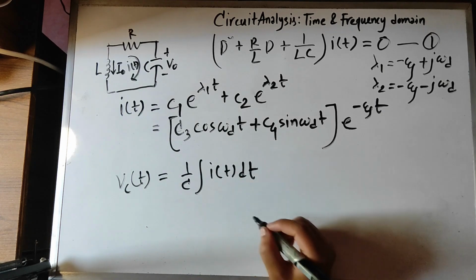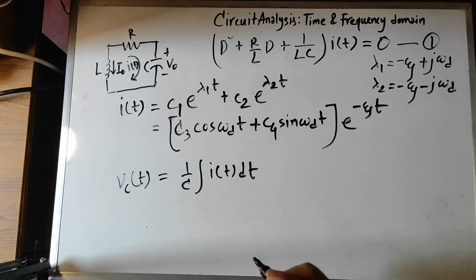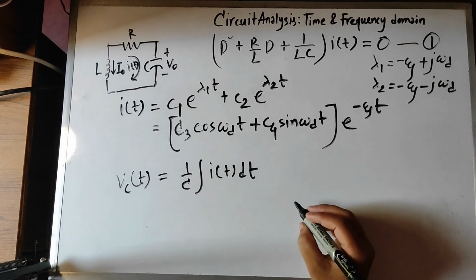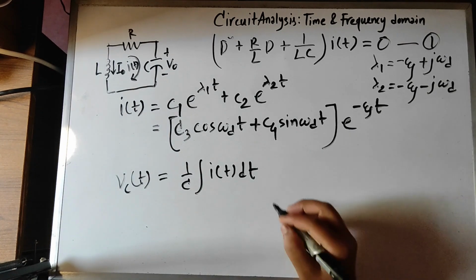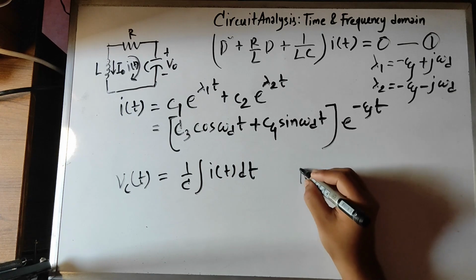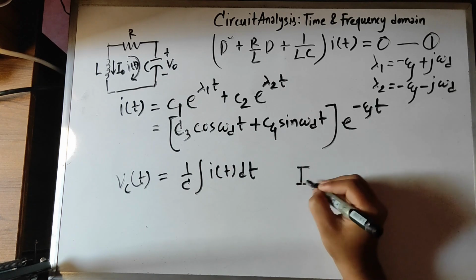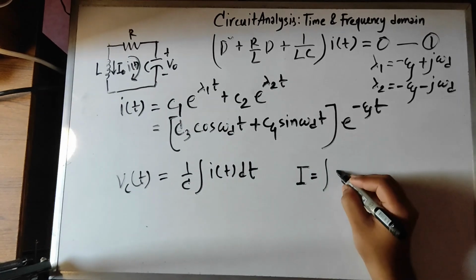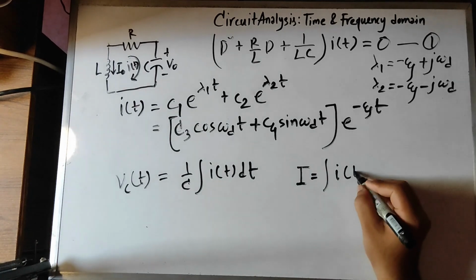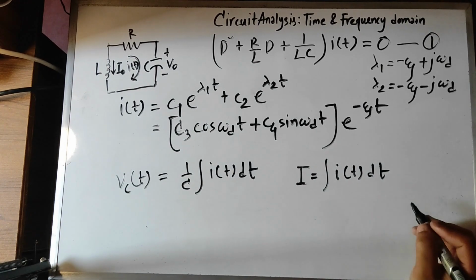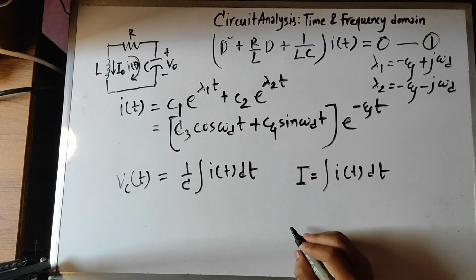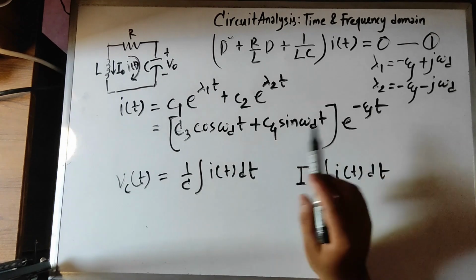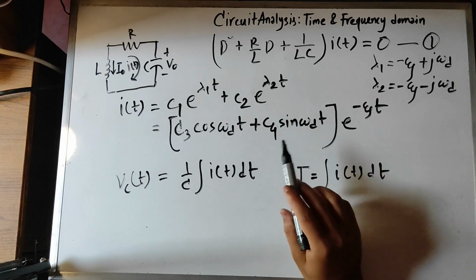Let us first define I, this is the integral, not current, of i(t) dt. And also there are two components.